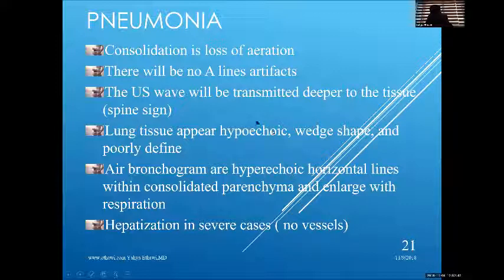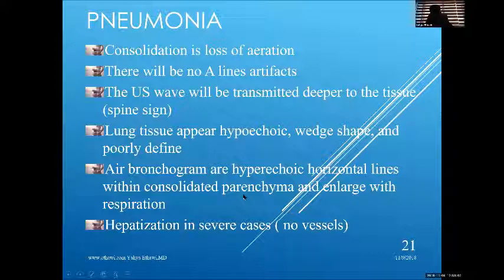Air bronchogram usually appears in contrast with the hypoechoic lung tissue as hyperechoic horizontal lines, but they are not parallel, and usually they are only present in the consolidated area.